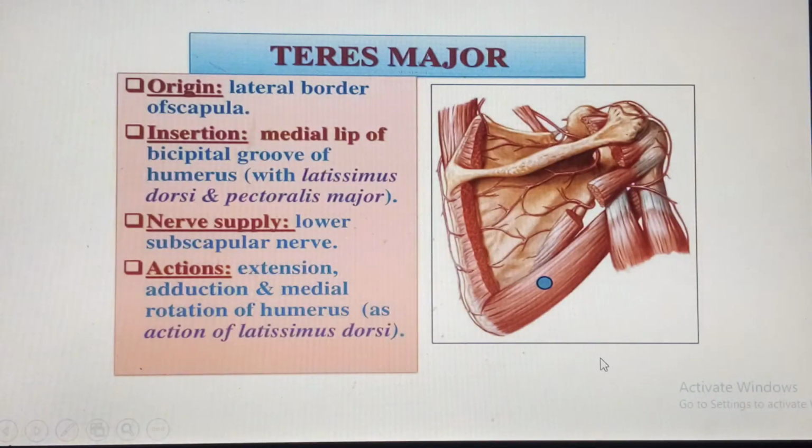Now, the next muscle that I want to show you is the teres major muscle. It originates from the lateral border of the scapula. I've told you that if you go below the teres minor muscle, the lateral border of the scapula provides the origin for teres major.